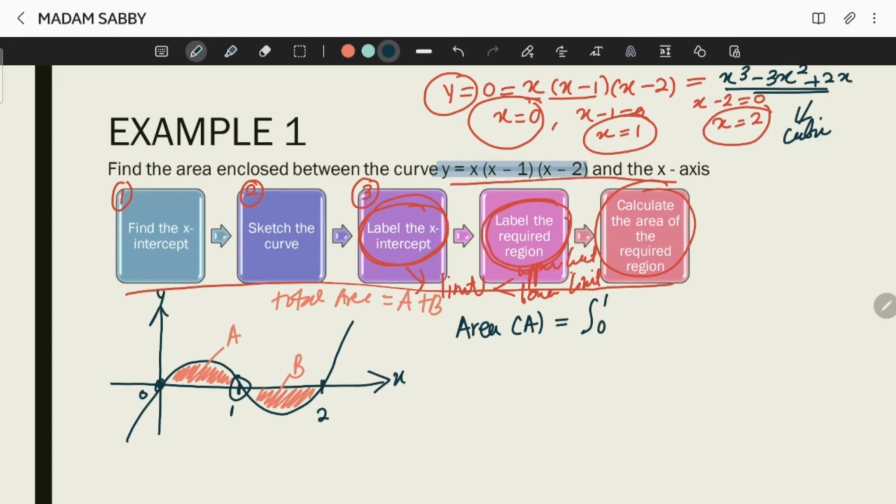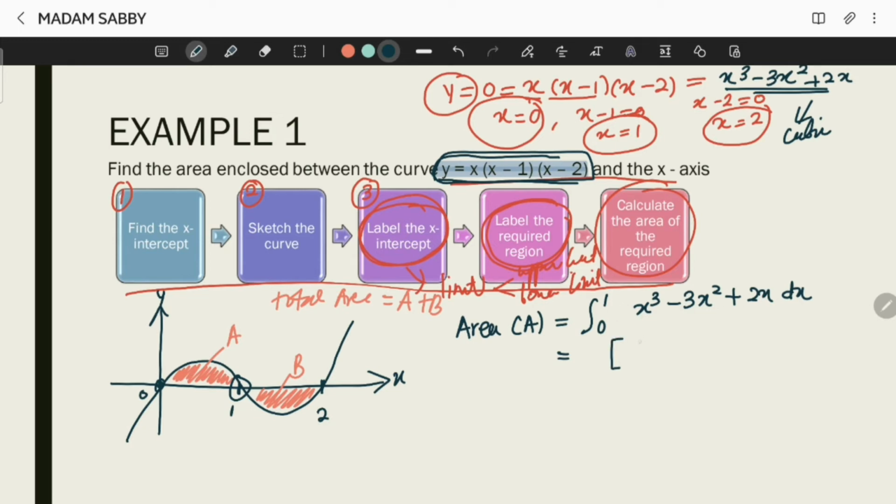The function was originally given in factorized form, but I converted it into expanded form. When you integrate to calculate the area, use the expanded version: the integral of x cubed minus 3x squared plus 2x dx.